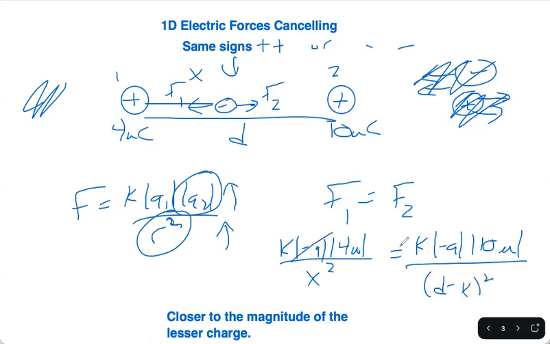If you notice, that charge didn't even matter. Coulomb's constant didn't matter. From here, you would cross multiply and solve. Or if they're asking for the distance x from that charge, you can just plug and chug answers in a multiple choice type setting. But that is the setup of how to solve this when the signs are the same.